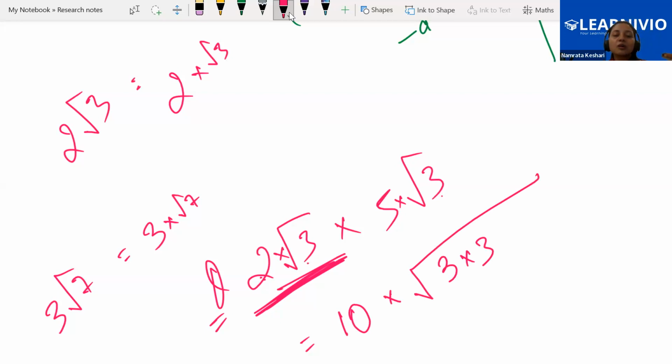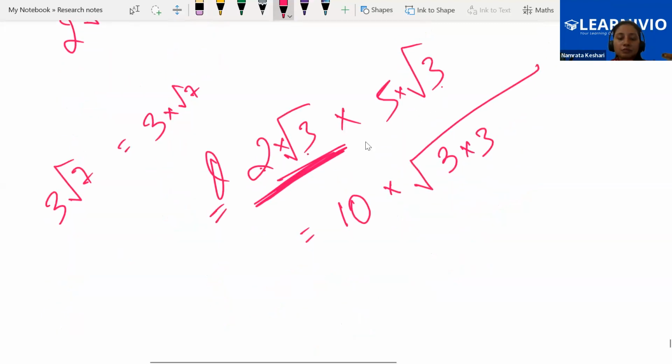Always root term, when you do the multiplication, will try to sit inside one root sign, of course with multiplication sign. It will carry forward the multiplication sign, but both will combine together and sit inside one root sign.